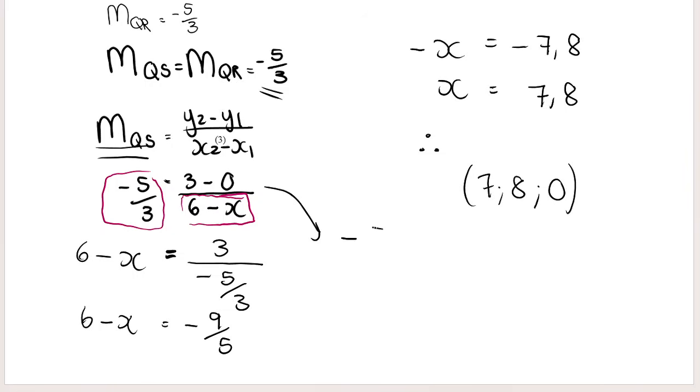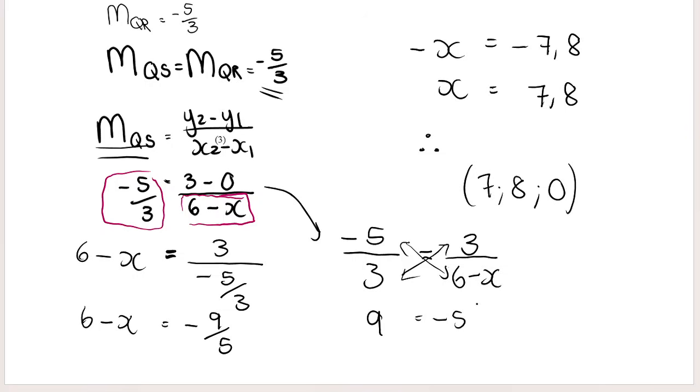Another way to think of it is this: if you prefer to cross multiply, but remember you can only cross multiply like this when you have an equal sign. So 6 minus x. If this makes you happier, you can go 3 times 3 is 9, and then you can cross multiply this way. Negative 5 times 6 minus x, and that gets us negative 5 times 6 is negative 30, and this will get us positive 5x equals 9.